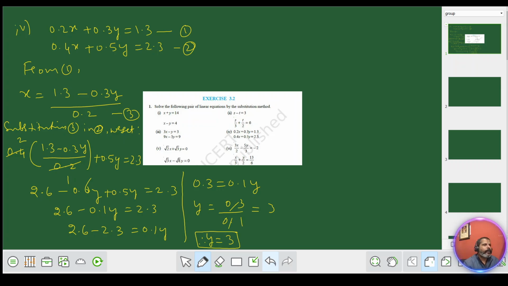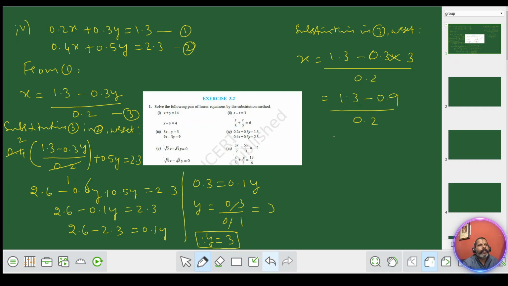Then we substitute this in 3. Substituting this in 3, what do we get? X value. See, 1.3 minus 0.3 into y, that is 3, by 0.2. 1.3 minus 0.3 into 3 is 0.9 by 0.2.